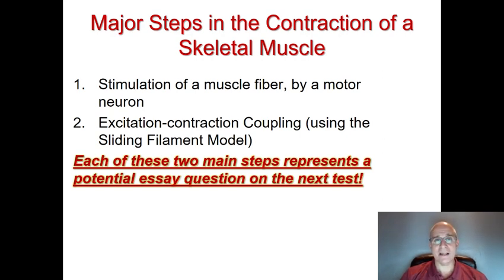Please be aware as I'm doing this, and for goodness sakes, if you want to do well on this next lecture test, you'll want to be practicing each one of these steps individually, because there will be 100% guarantee that there will be either an essay question or multiple choice and fill in the blank questions on this stuff. So it is good stuff to know.